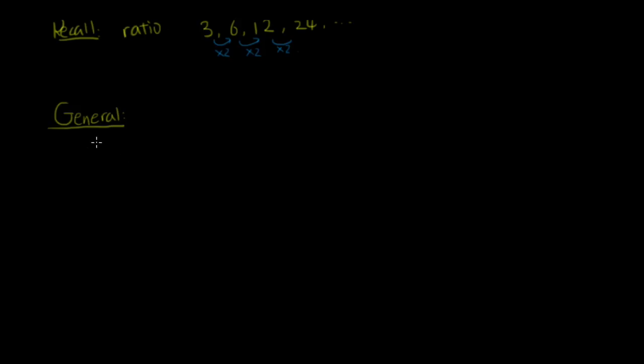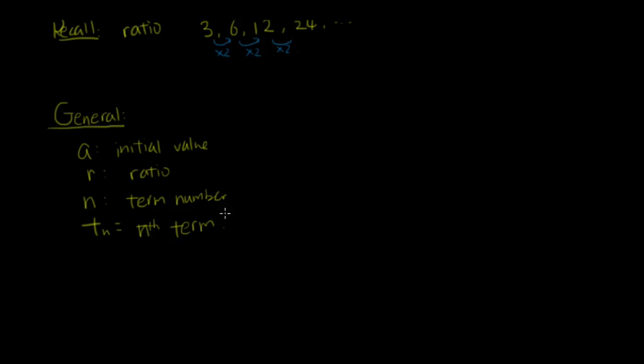Suppose we have a, which is our initial value, and also r as our ratio, and n as the term number, and also Tn as our nth term. This is pretty much similar to the arithmetic sequence except for the r as the ratio.